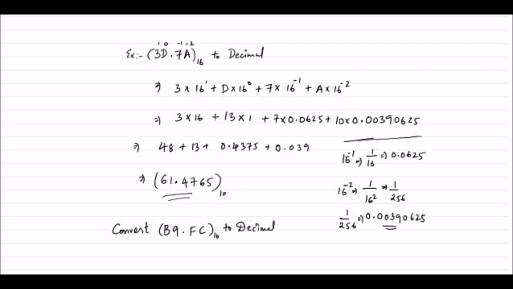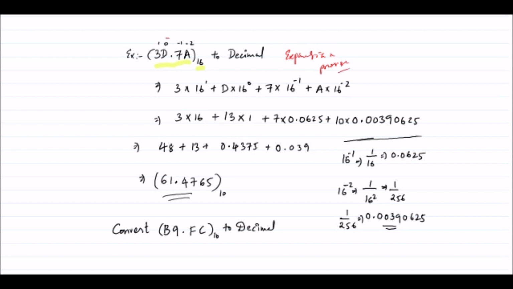If I take a hexadecimal value with a decimal point, you can see an example. I have taken 3D.7A base 16. The expansion process will be followed here.